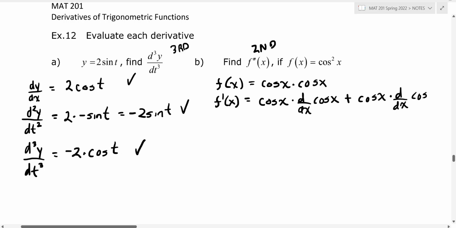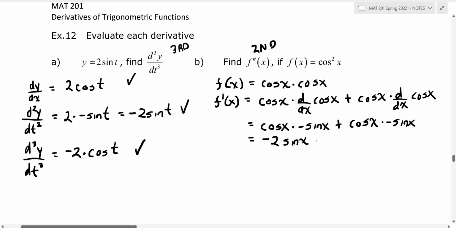So you're really doing the same thing twice. We would get cosine x times the derivative of cosine, which is negative sine x, and then cosine x again times negative sine x. I'm going to write this as negative 2 sine x cosine x, because these are like terms.